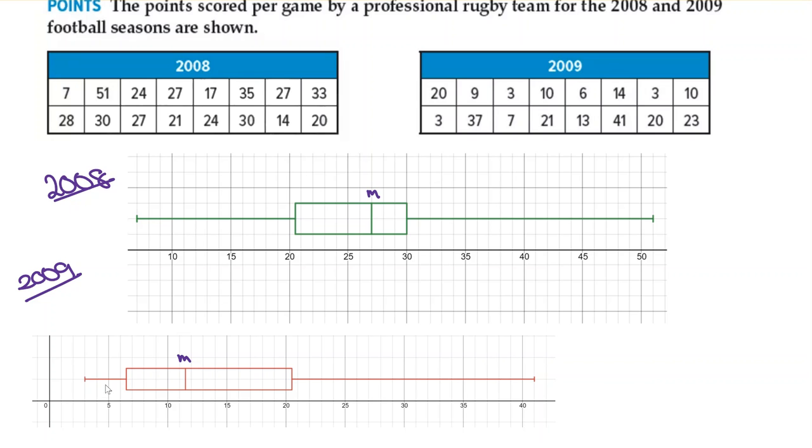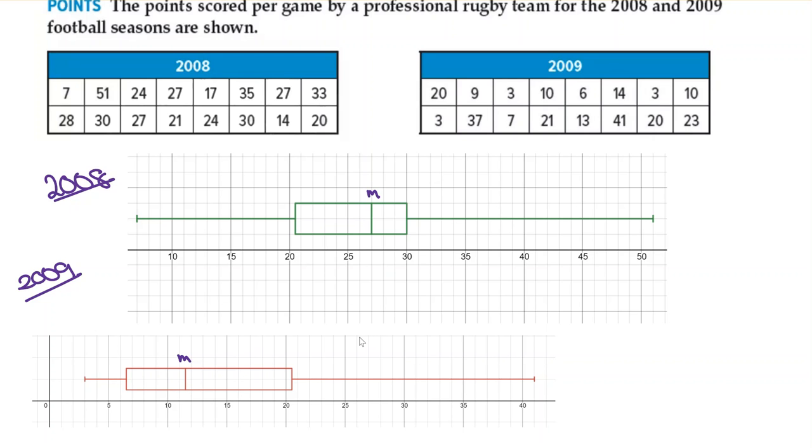The lowest score, again, was in 2009, so they scored lower. The data between the quartiles averaged between 21 and 30 in 2008, and in 2009 the average was less.